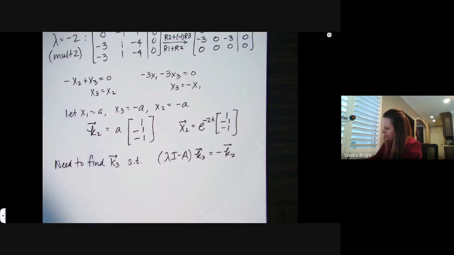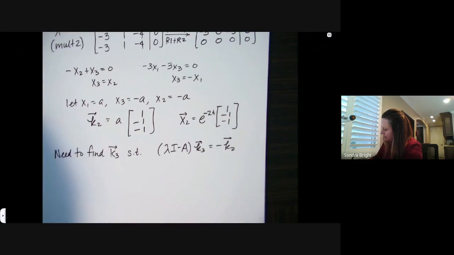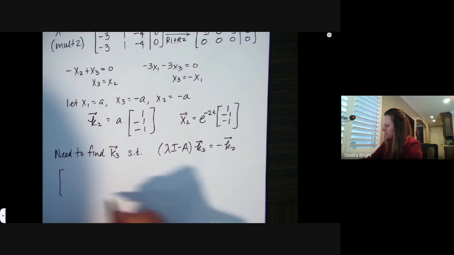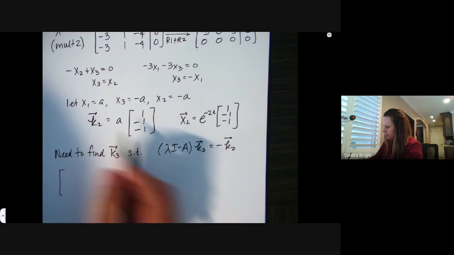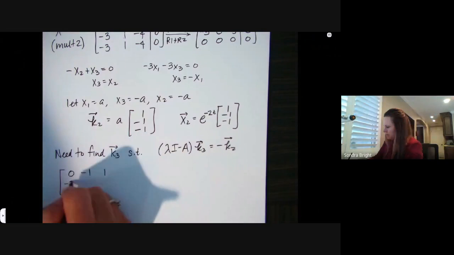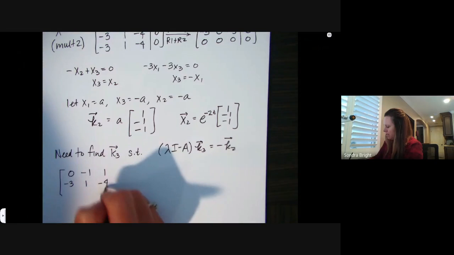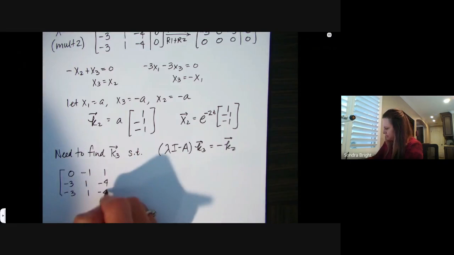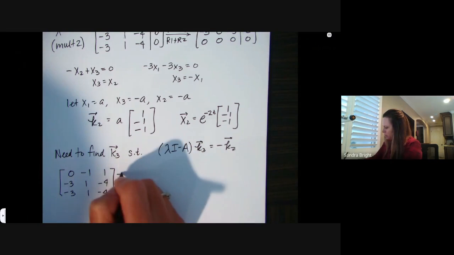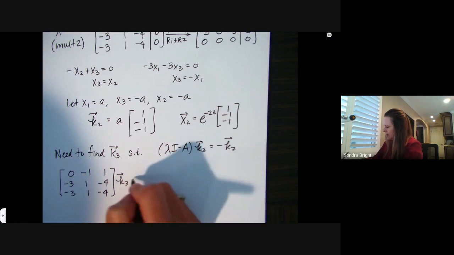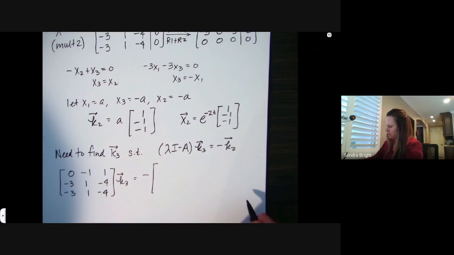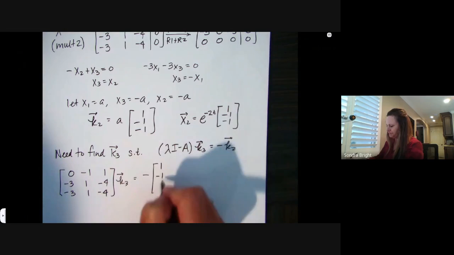So lambda I minus A was this guy here: 0, -1, 1, -3, 1, -4, -3, 1, -4, times k3 is equal to the opposite in sign of k2, which was this guy, 1, -1, -1.